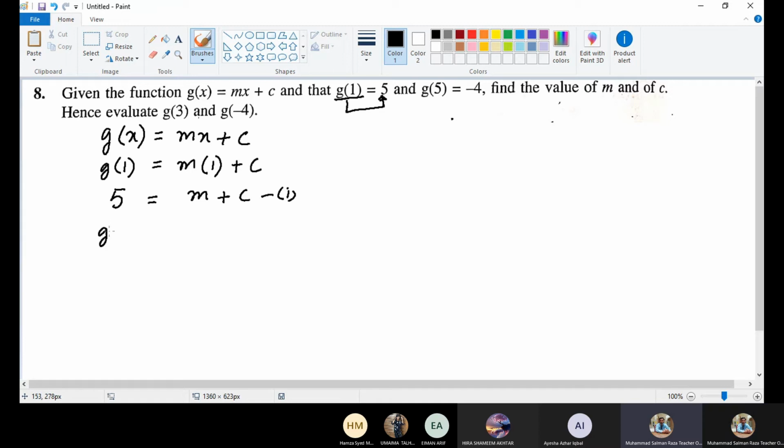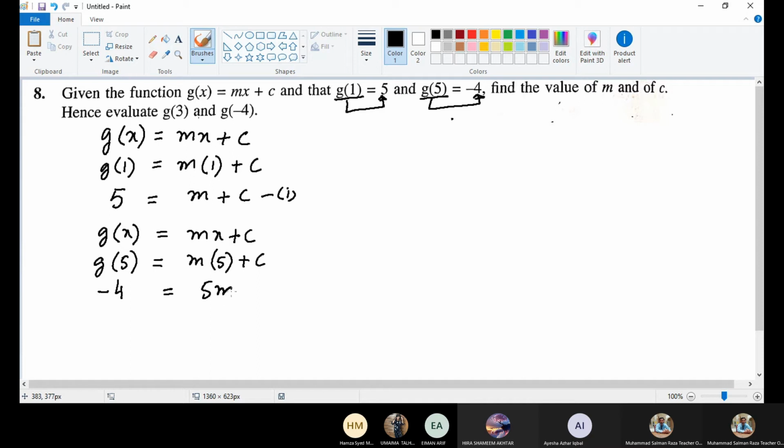Similarly, I'll write the function one more time. This time it is g of 5, so wherever there is x, I put 5. And later it says wherever you see g of 5, replace it with minus 4. So it becomes 5m plus c equals minus 4. This is my equation number 2.